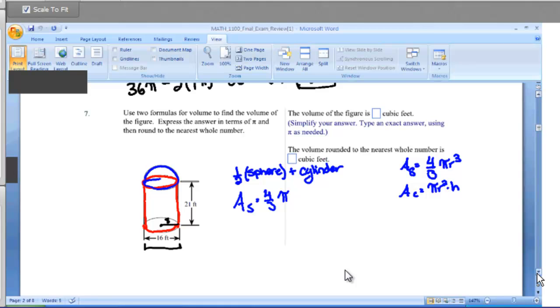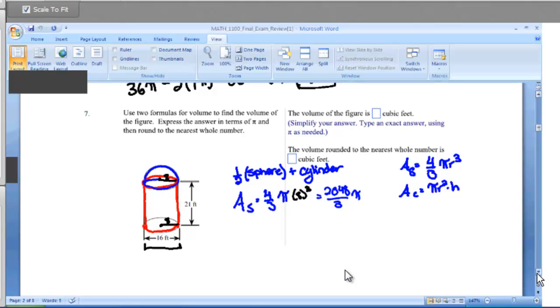And so if the radius is 8 on the bottom, the radius is also going to be 8 on the top. So the radius of 8, and then cubed. And whenever we work that out, we're going to end up getting 2,048 over 3 pi. So there's the volume of the whole sphere.